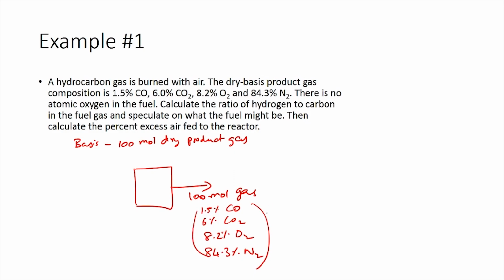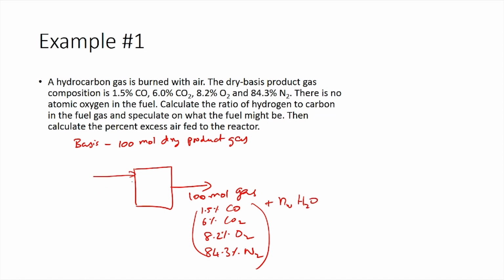So in addition to this you would also have water vapor which is leaving the system. So the dry gas contains these components and in the actual product gas which contains water vapor we will assume that there is water as NW moles of water which is leaving the system.